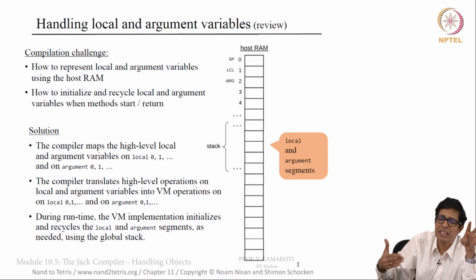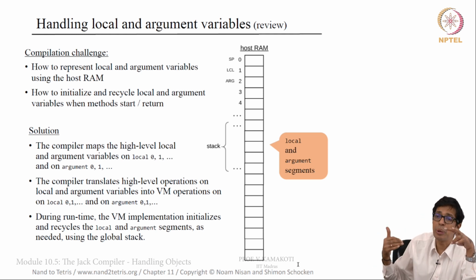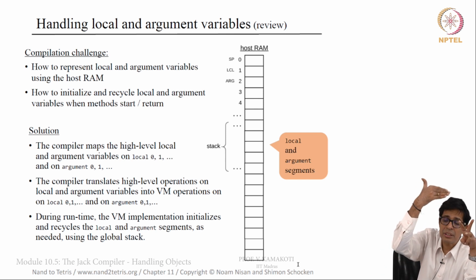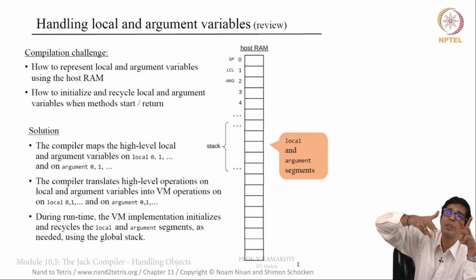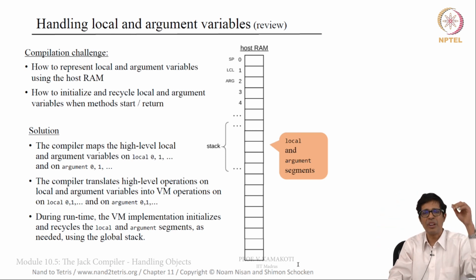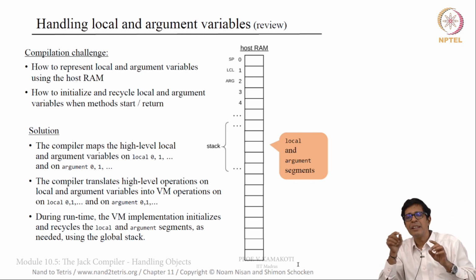And when the called function completes and comes back, the return will take care that the local and argument segments of the calling function are restored. So, function A calls B, and function A has its local and argument on the stack. When it calls B, there is a VM instruction called call.